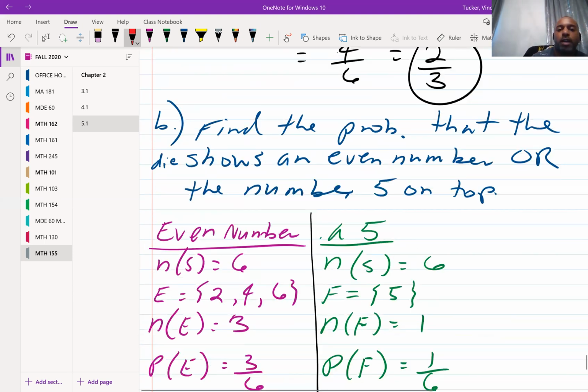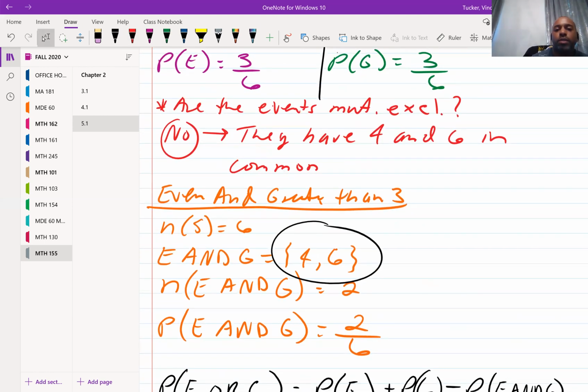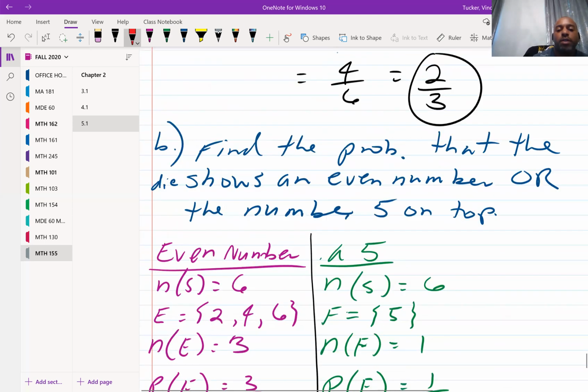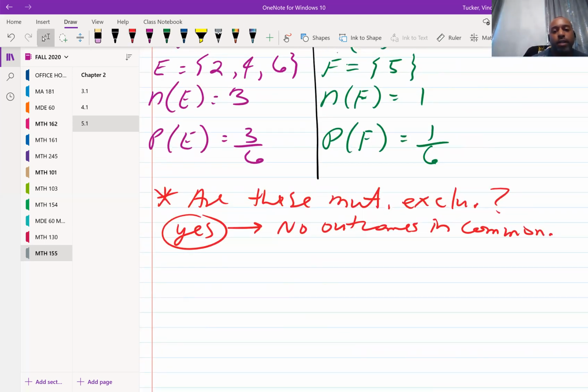If we go back to the last one we had, you said, are they mutually exclusive? The answer was no, because they have 4 and 6 in common. These are mutually exclusive because they do not have anything in common.